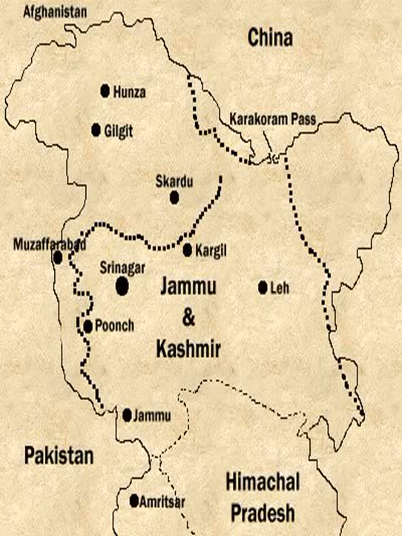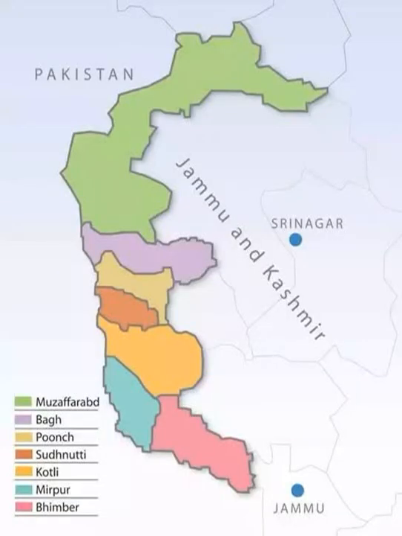The Union Territory of Jammu and Kashmir is administered under the provisions of Article 239 of the Constitution of India. Article 239A, originally formulated for the Union Territory of Puducherry, will also be applicable to Jammu and Kashmir. The President of India appoints a Lieutenant Governor for the Union Territory.